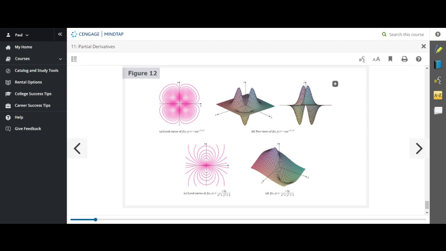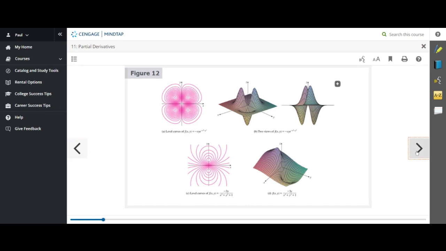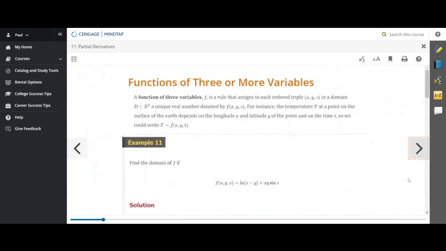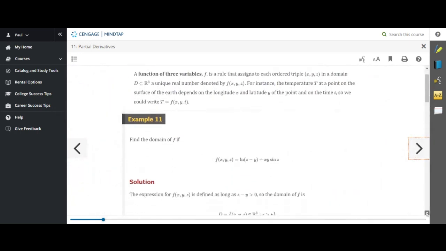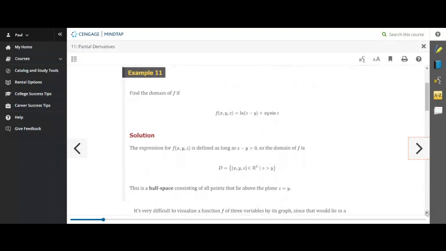Now, functions of two variables are nice, but we can also deal with functions of three variables. So here you have a function of three variables, example 11. And yes, we can find the domain of a function of three variables also.